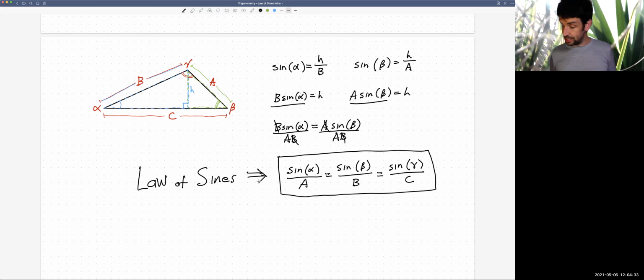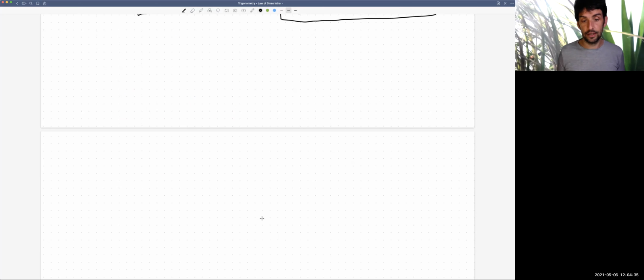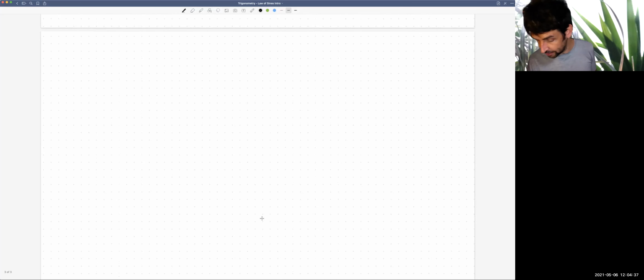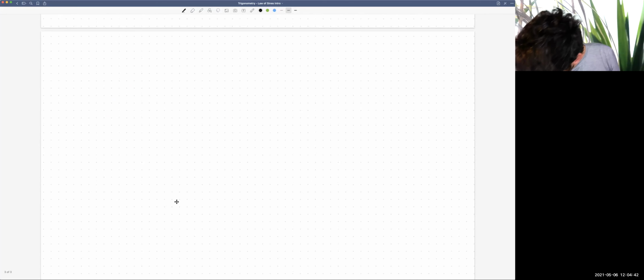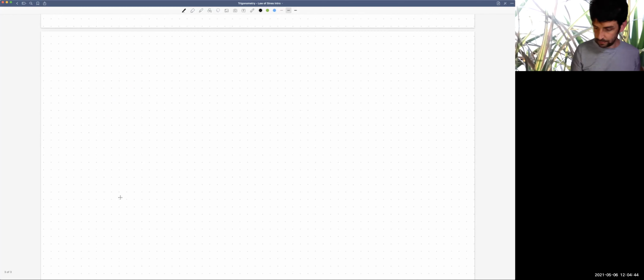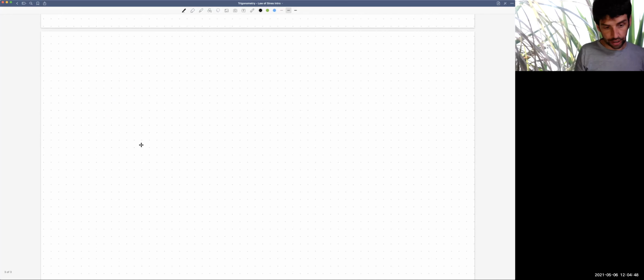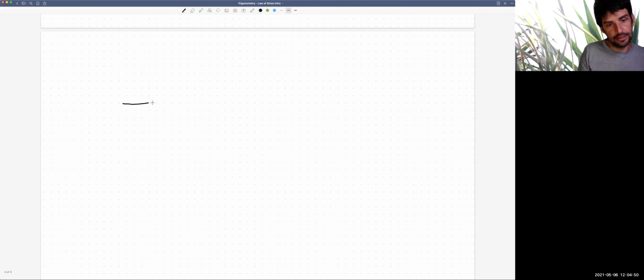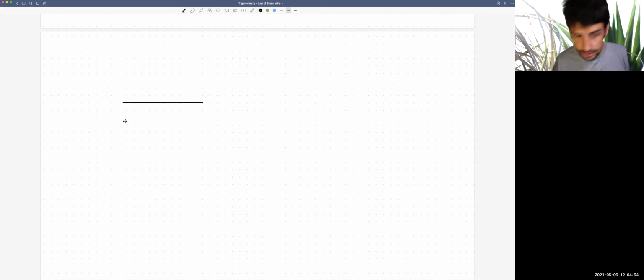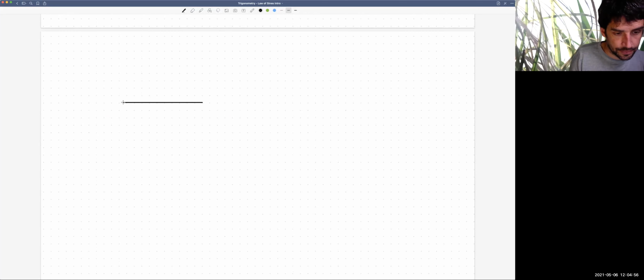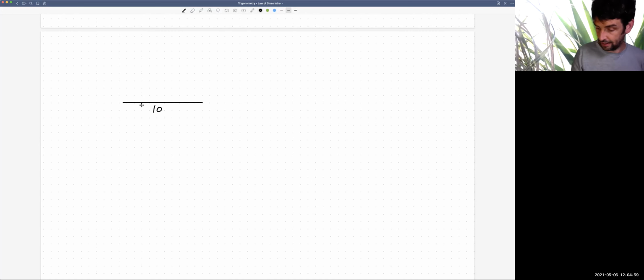Okay, let's do an example of the type of problem we might see. So let's suppose we have a triangle. Let me try to draw approximately. Sorry, this is going to be a side length 10.